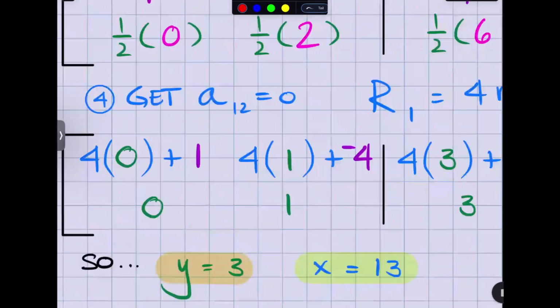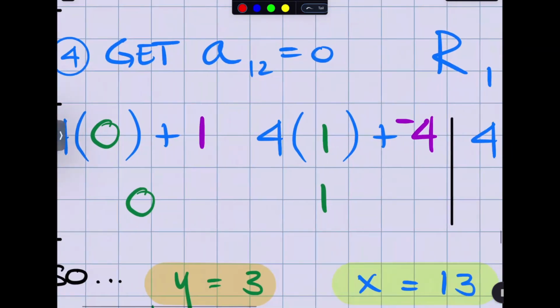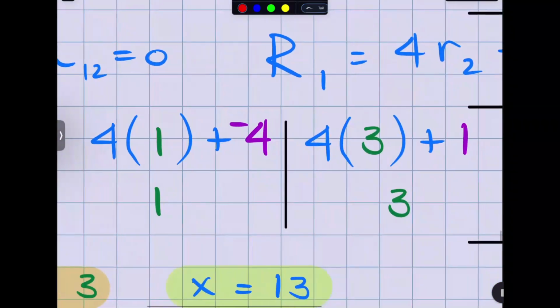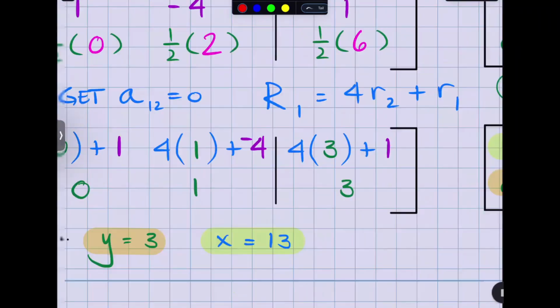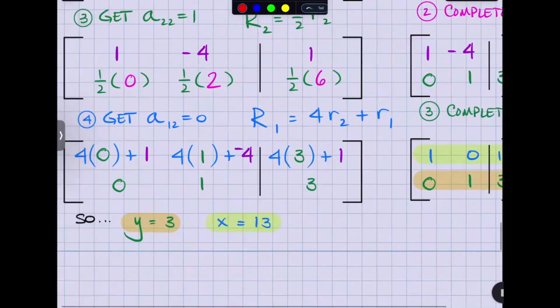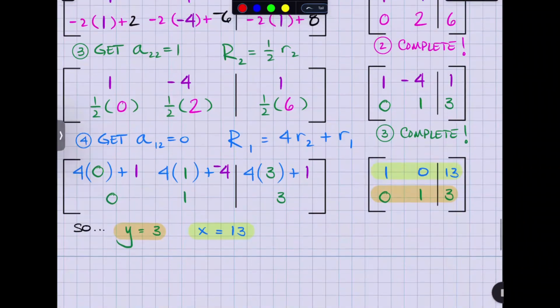Like over here, I got to pick the 0 and the 1. Over here, I got to pick the 1 and the -4. And over here, I got to pick the 3 and the 1. So I find that writing it out makes it easier on my mind. Calms me down. But this is what it's supposed to look like.